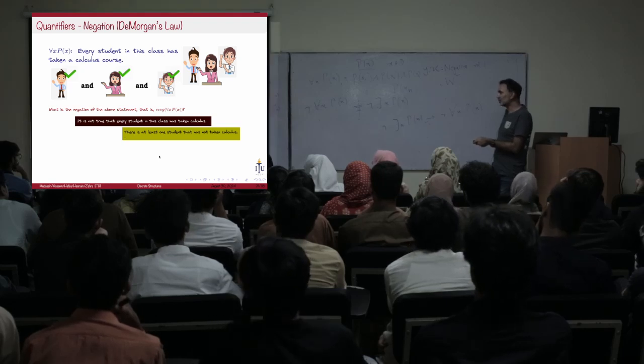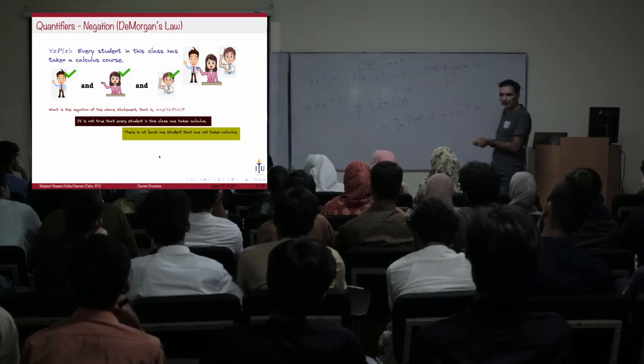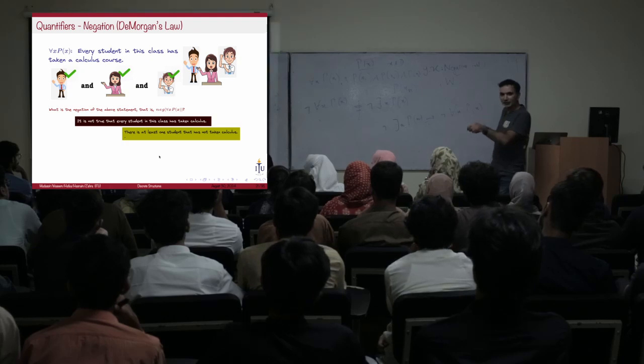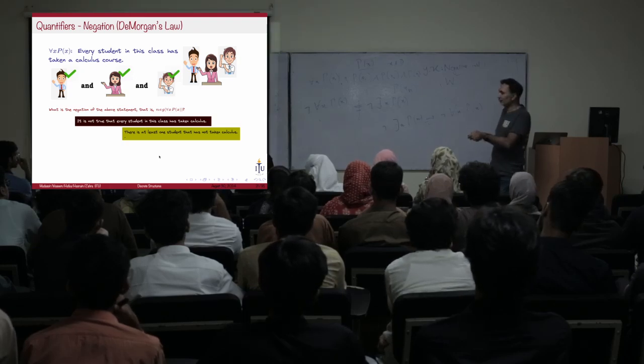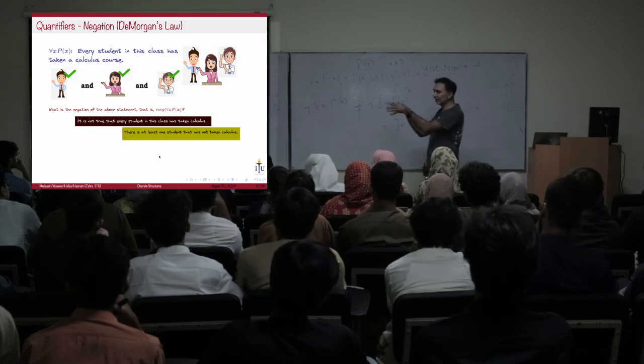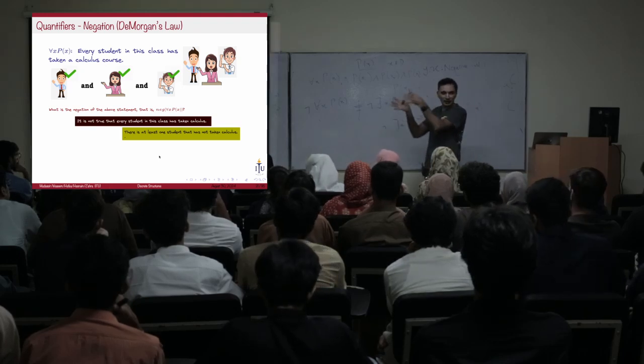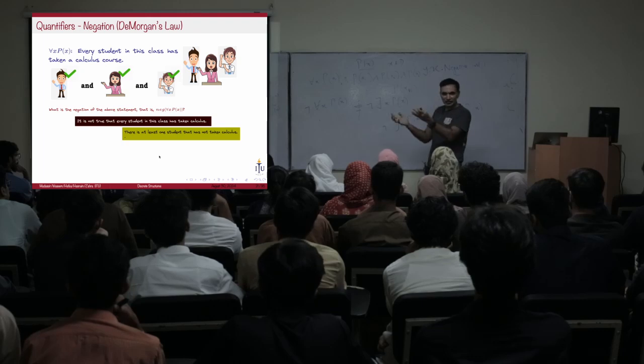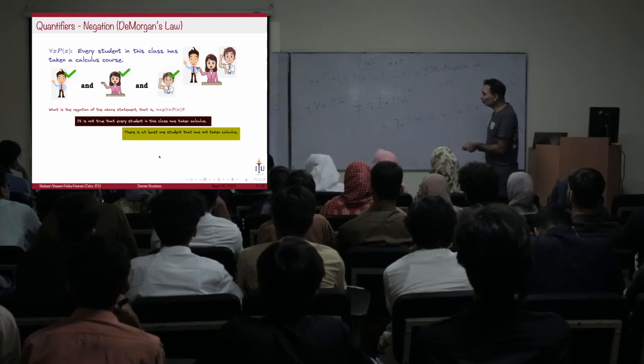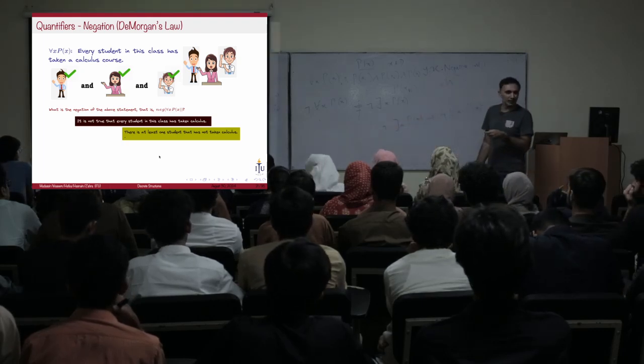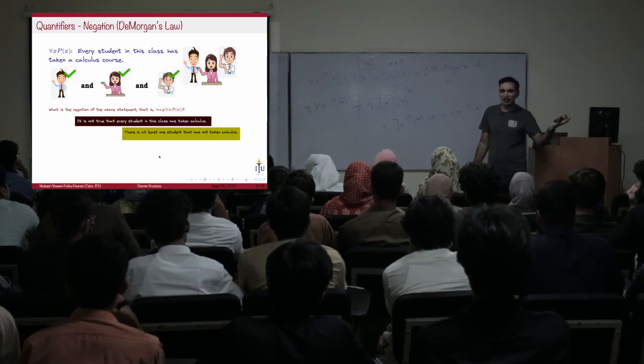So how do I write this now? There is at least one student that has not taken calculus. This is simple, right? There is at least one student. At least one means I can use the existential quantifier now. And not taken calculus is just the negation of P of x.